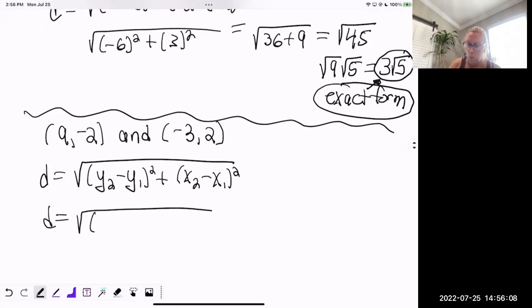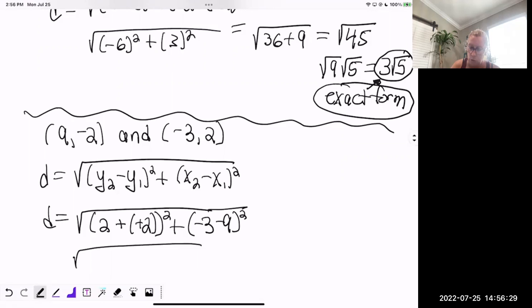So y2 is 2 minus y1 is -2. Notice how I have minus -2 squared, plus x2 is -3 minus 9 squared. Now I'm going to make this plus because it's going to be plus.